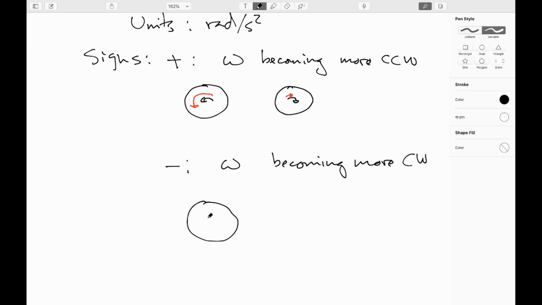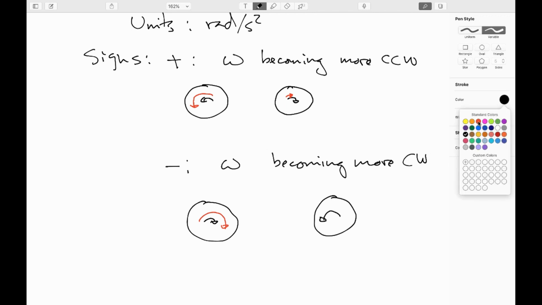We could either be already rotating clockwise, omega negative, and then I could be going clockwise even faster, so omega even more negative, or I could be going counterclockwise, so omega positive, but be slowing down on that, so a smaller positive number. So that means that omega would be becoming more negative.